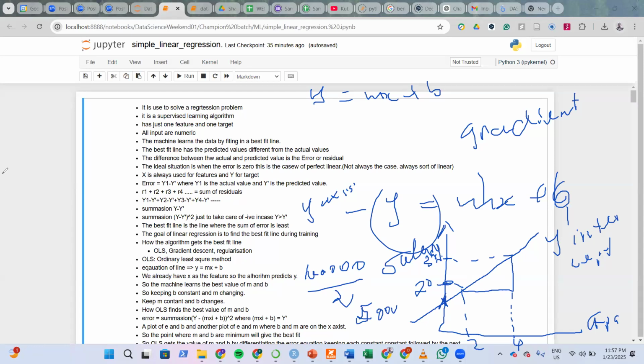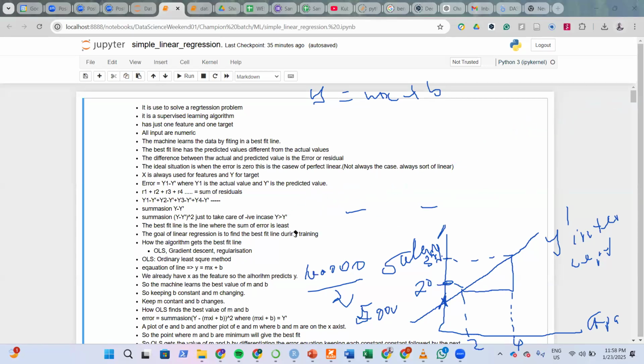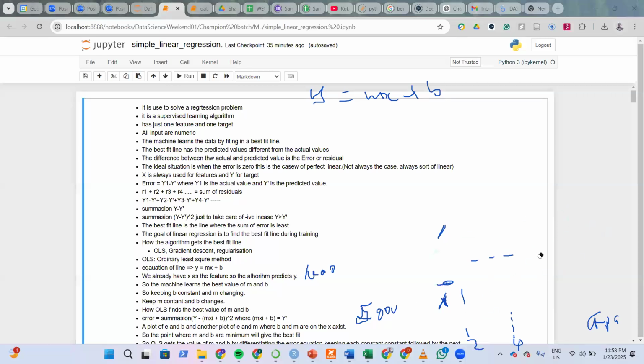Now, let's do something. I'm going to leave this equation of a straight line up there, and then I'm going to say something. So this is my data.